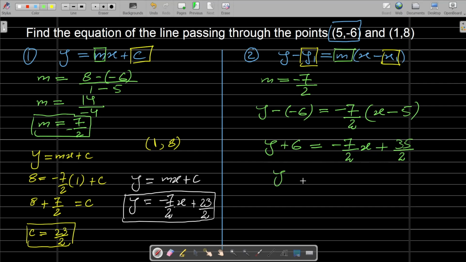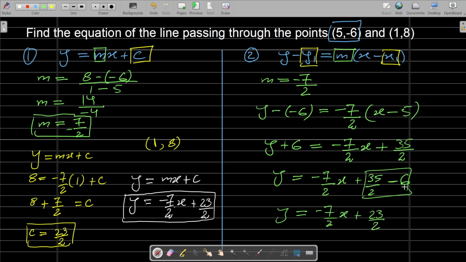So this becomes y is equal to negative 7 by 2 x plus 35 by 2 minus 6. Now let's simplify this portion here. So the result comes out to be y is equal to negative 7 by 2 x plus 23 by 2.